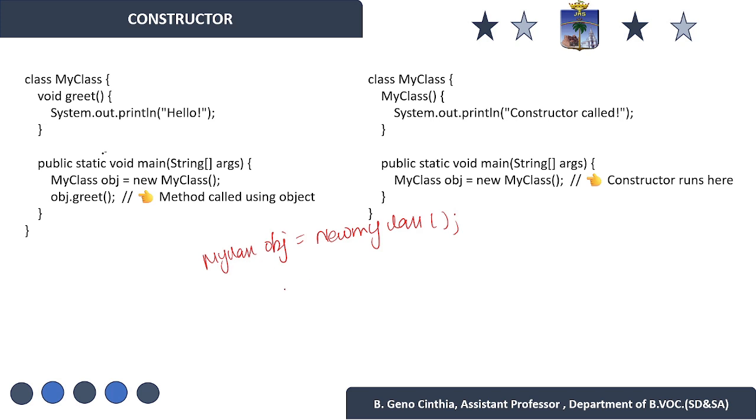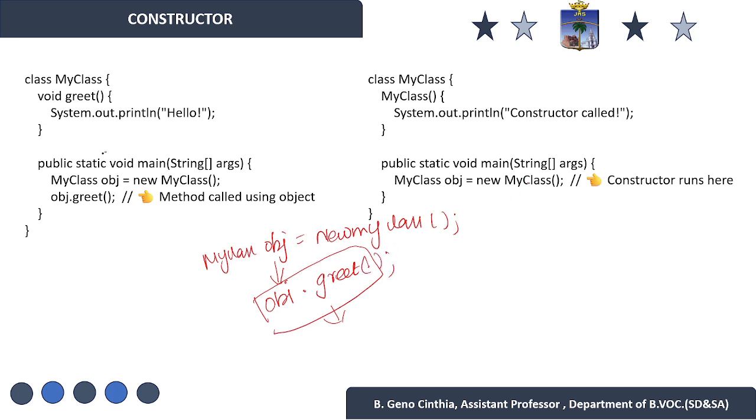When I want to access the method called greet, I need to use the object: obj.greet. Here obj.greet is needed. If we don't call it, the greet method won't run. The hello message will not get printed if we don't give this line obj.greet.